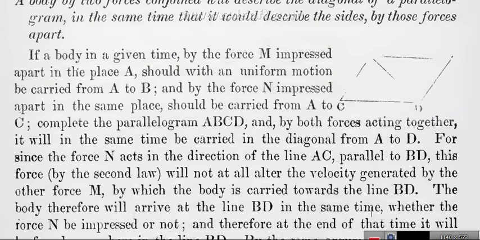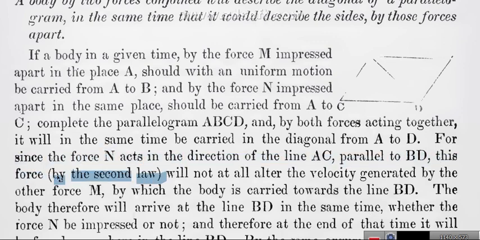So what is the reason? Why does Newton say that when these two forces are applied, this body will move from A to D? The reason is that Newton has this law, which you can see here as by the second law.